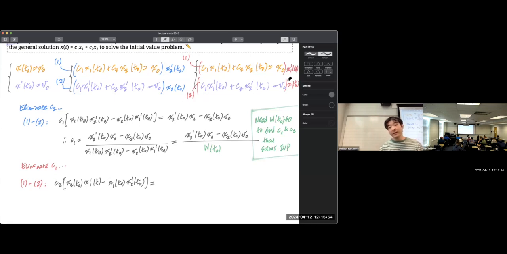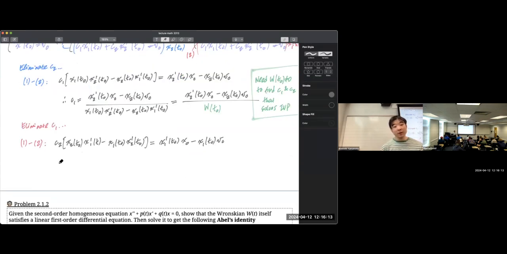And then on this side, it's going to be x naught, or I'll just do x1 prime at t naught times the x naught minus the x1 at t naught times the v naught.